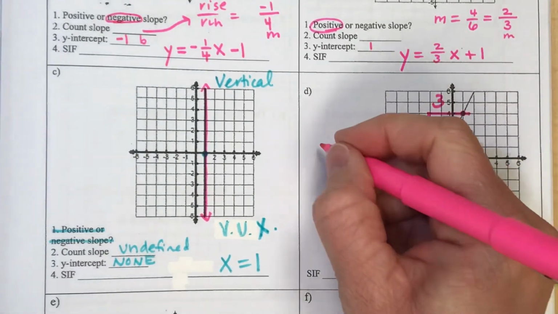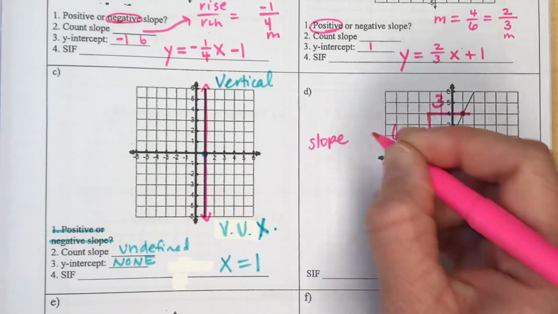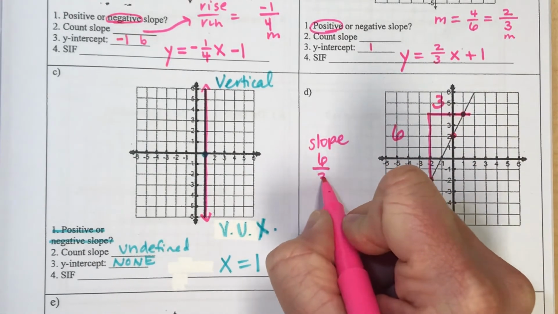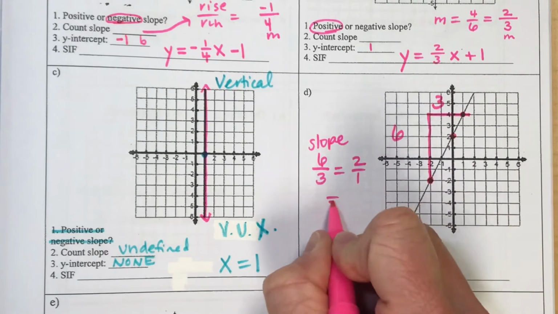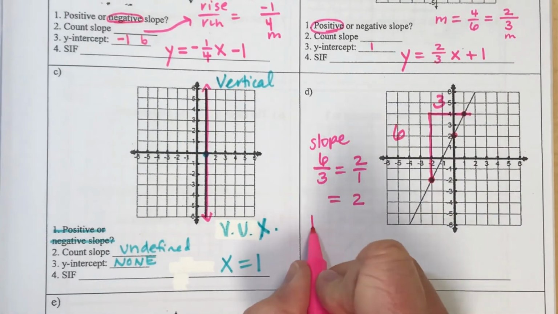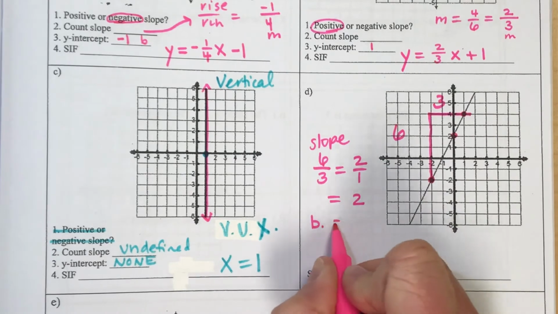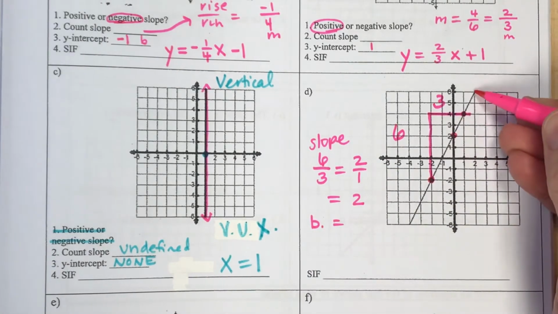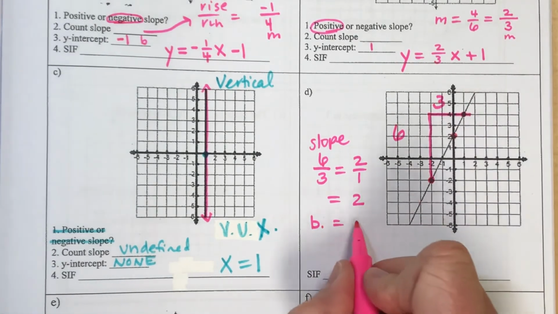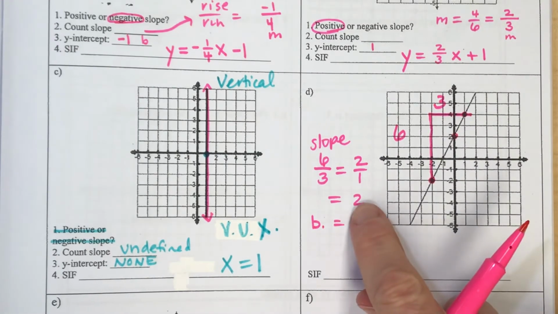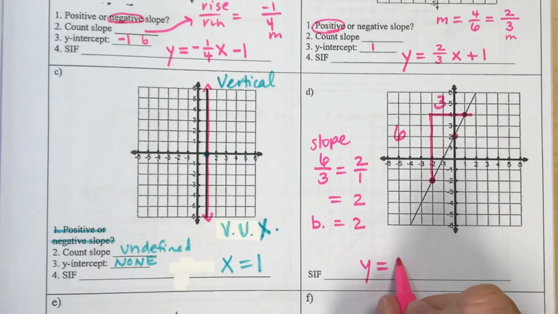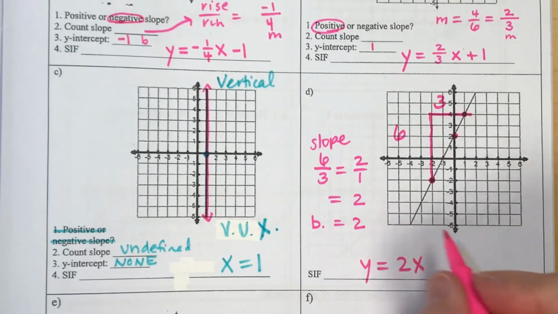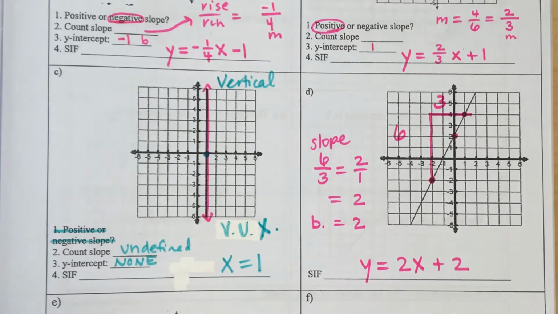So my slope, if we went up 6 and over 3, that would reduce to a slope of 2 over 1, which would be just 2. And then my b, my y-intercept, I notice this graph crosses the y-axis at positive 2. So I have a slope of 2 and a b of 2. So y equals mx plus b would be y = 2x + 2, with 2 for the slope and plus 2 for the y-intercept.